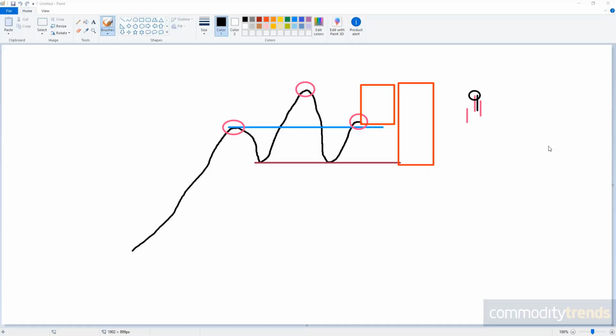So think of this, and this is a very, very important part of the methodology using patterns like this: when we get filled right here at the bottom edge of the smaller red box, and the market moves down to here, once it's there, where these folks are getting in, we already have a profit.